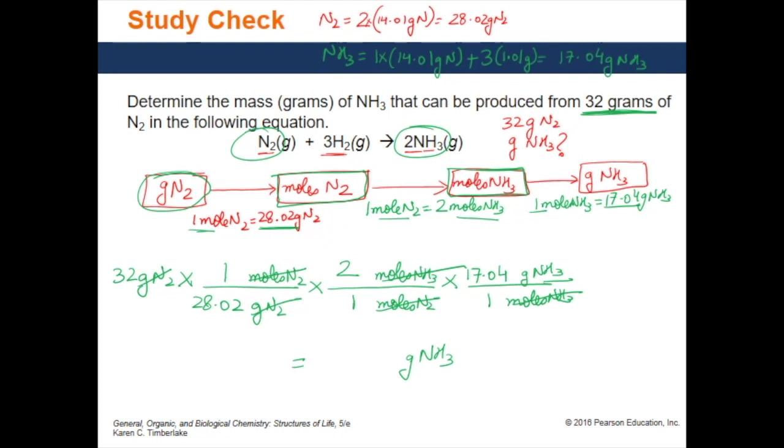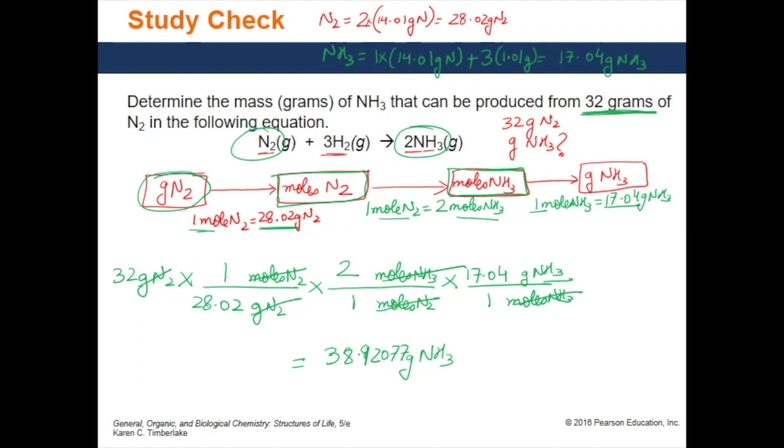You're going to basically plug 32 grams divided by 28.02 multiplied by 2 and then multiplied by 17.04. So make sure you're using right parentheses whenever needed. Your calculator would give you 38.92077. Okay, now how many sig figs are we looking for?